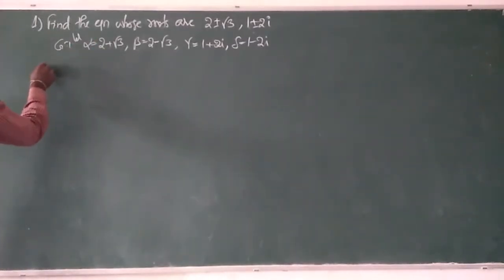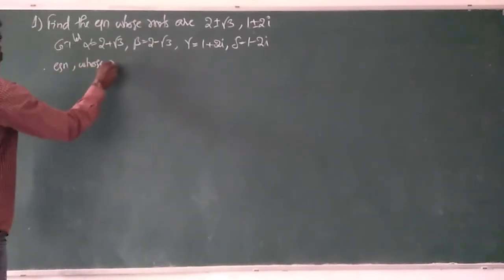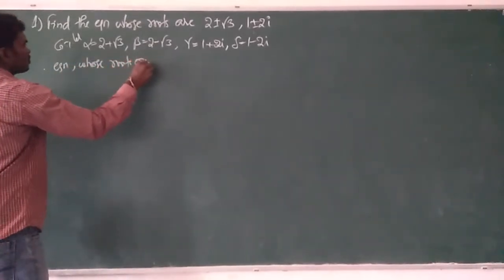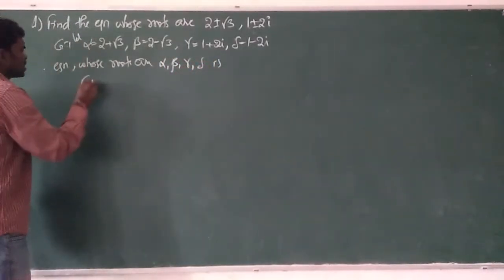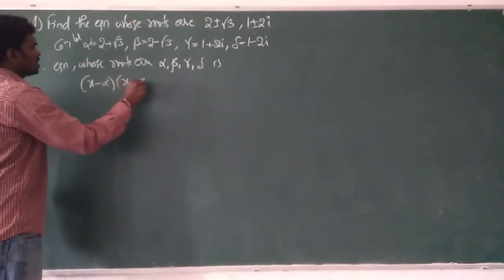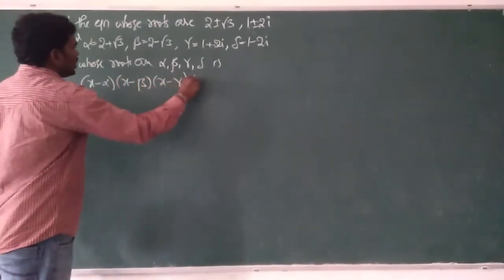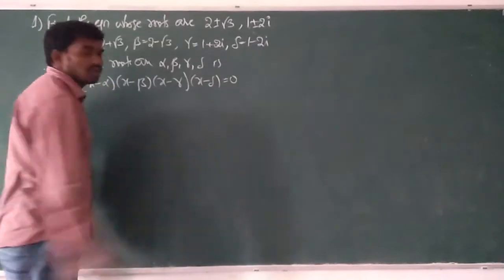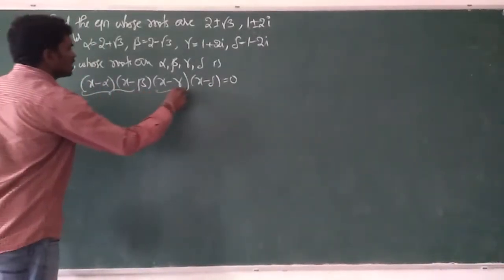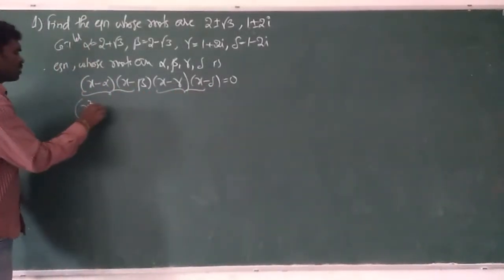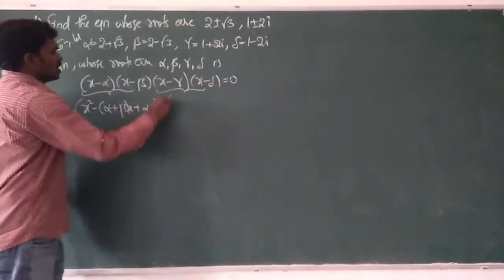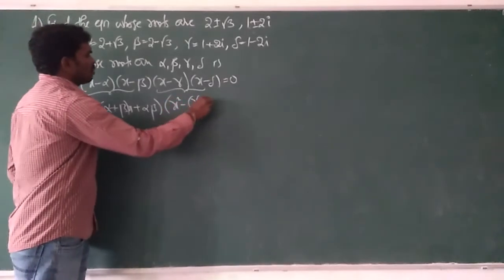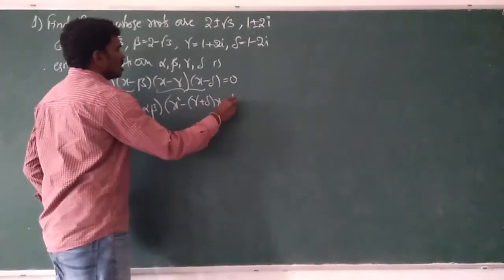Therefore, the equation whose roots are alpha, beta, gamma, delta is (x minus alpha)(x minus beta)(x minus gamma)(x minus delta) = 0. Similarly, from the first two and the next two, we can write x squared minus (alpha plus beta) x plus alpha beta, and similarly x squared minus (gamma plus delta) x plus gamma delta.